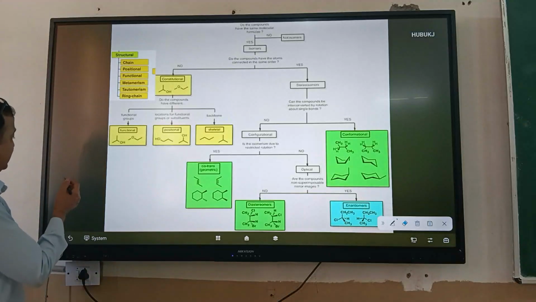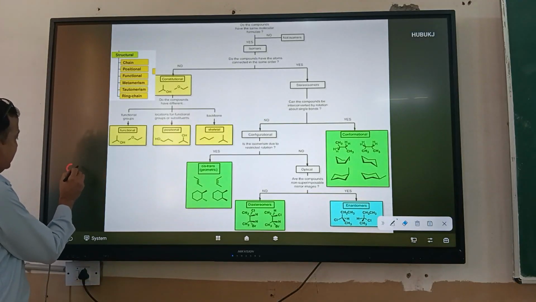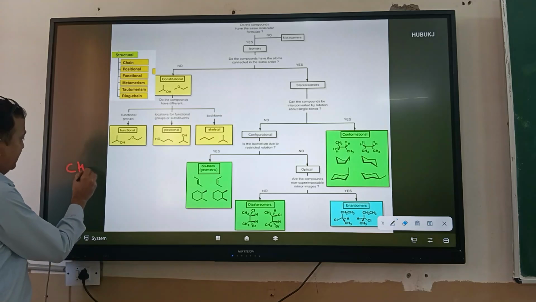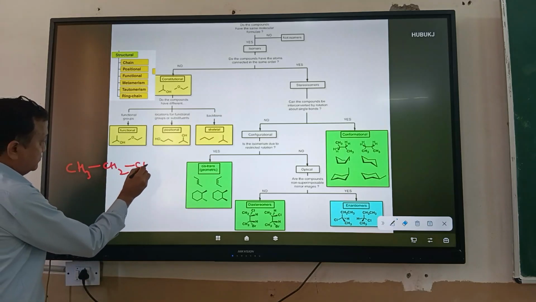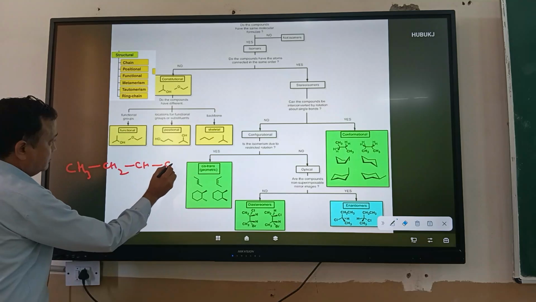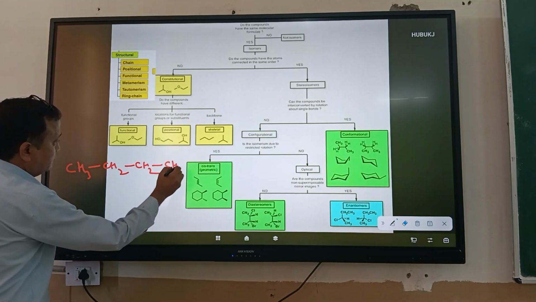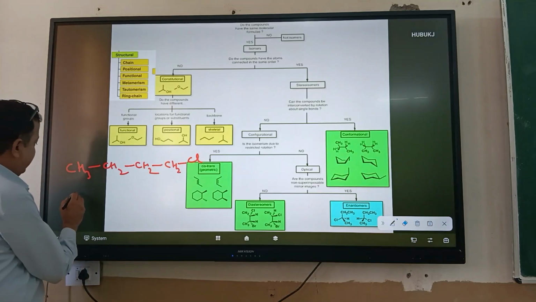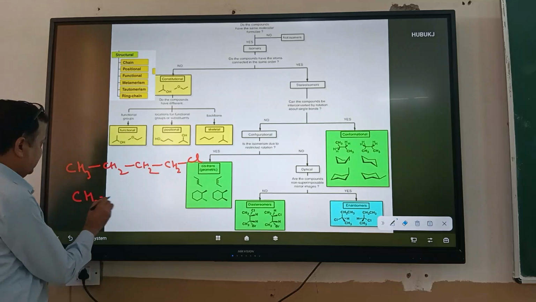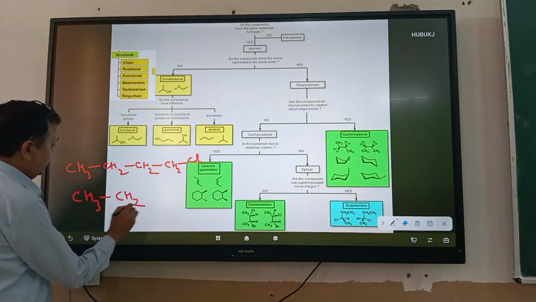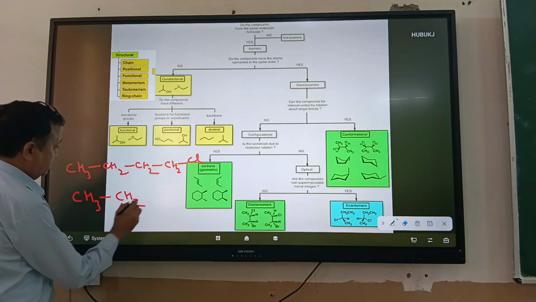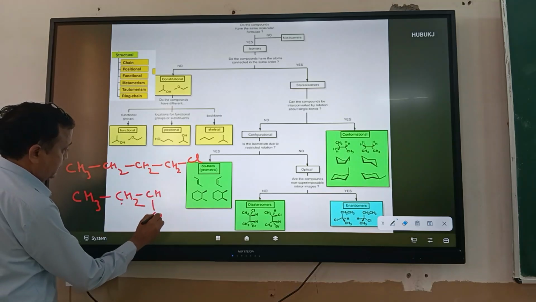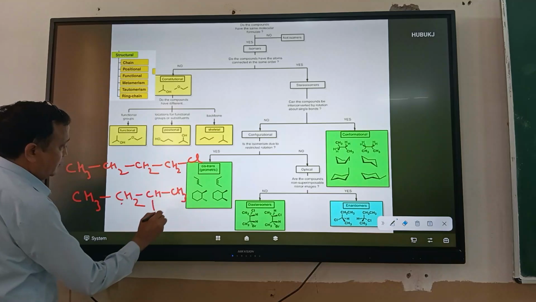Second are the position isomers. Let's again write down butane. I have written 1-chlorobutane, and you can write another molecule like this.